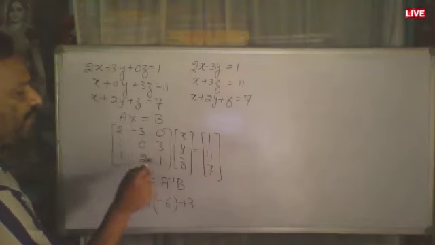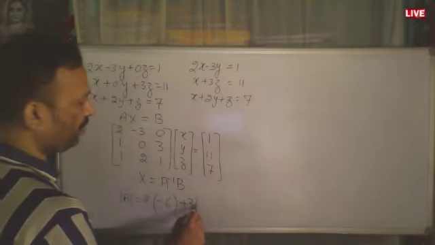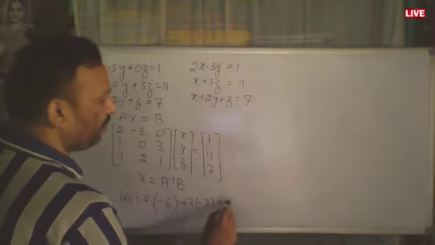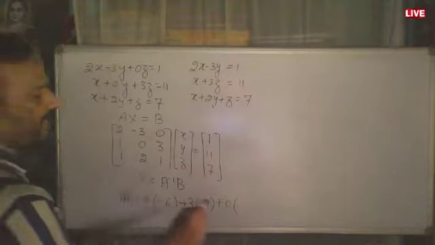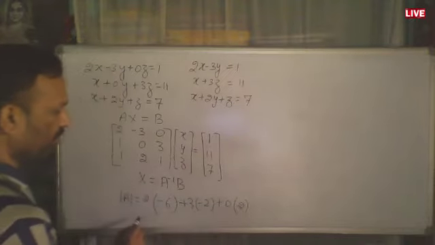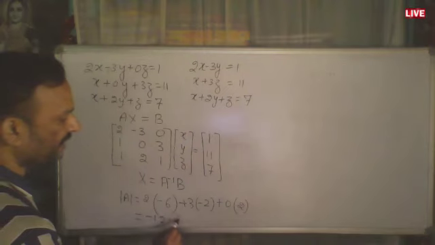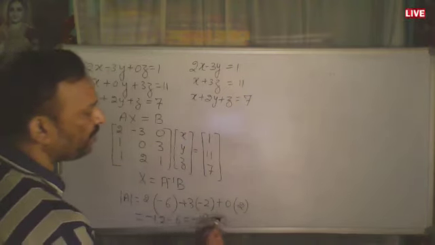It gives you 1 into 1 minus 1 into 3, 1 minus 3 is equal to minus 2, and then 0. We have to eliminate this row and this column. It gives you 2 minus 0, that is 2. So let us solve it a little bit. It gives you minus 12 minus 6, that is minus 18, which is non-zero.